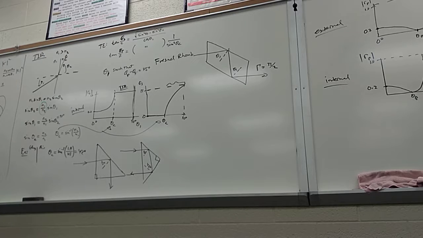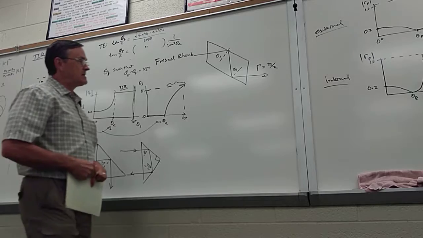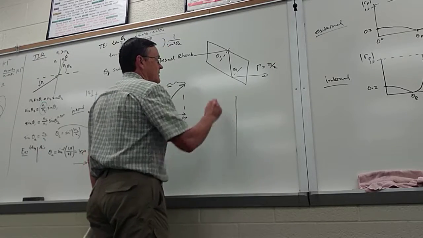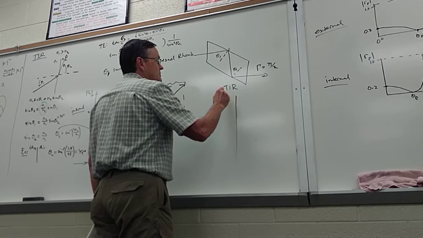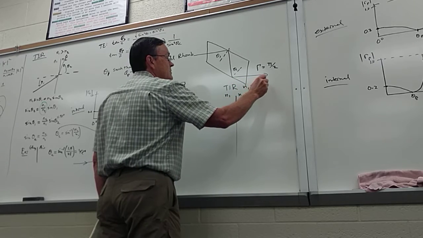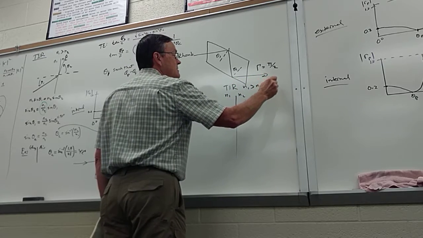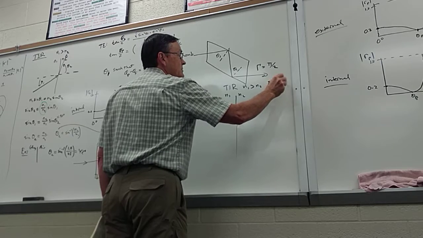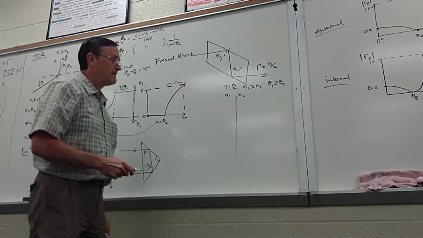All right, so now this brings us to the lovely, joyful topic of evanescent waves. Because what we're saying is that I have total internal reflection, meaning n1 is bigger than n2, and the incidence angle is greater than or equal to the critical angle.